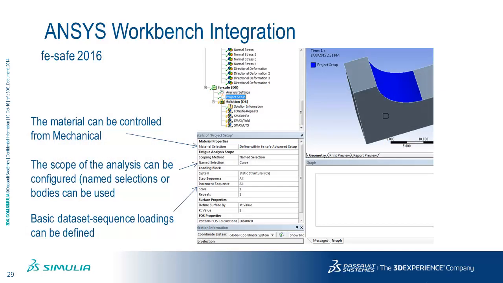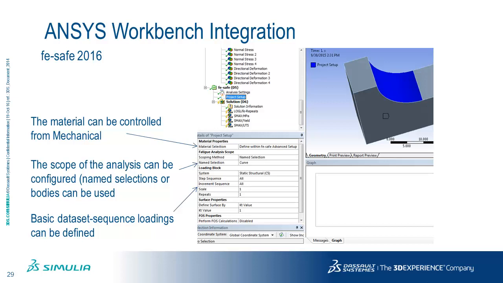So this shows you the interface. This is a typical workflow data entry panel in Workbench. You can control the material selection.